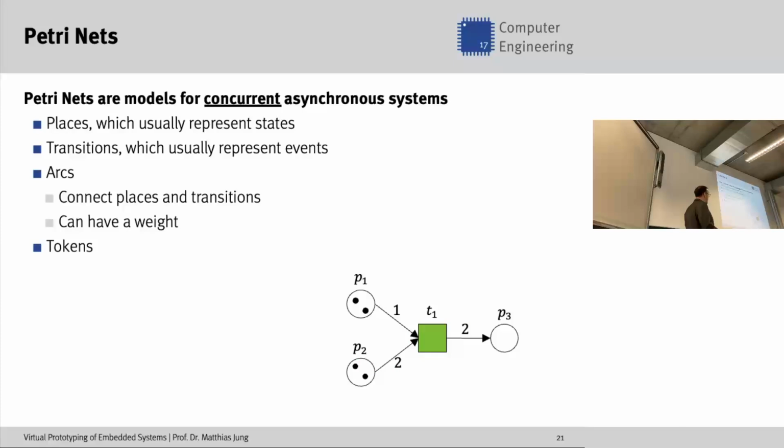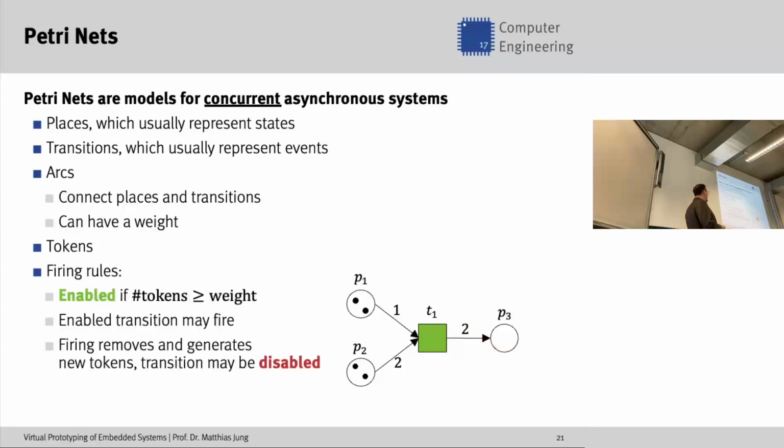So tokens, you can think like a coin that you put there and you can move that coin. And it's always the case when such a transition now fires that it consumes tokens on the input places and basically eats them. And then it produces new tokens depending on the number that is there on the output arc.